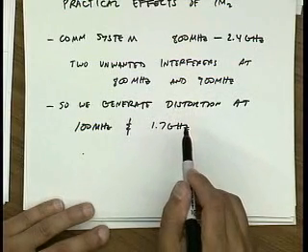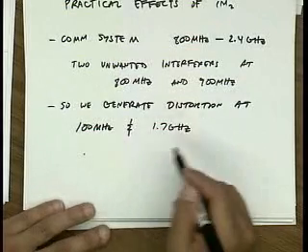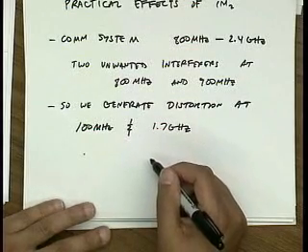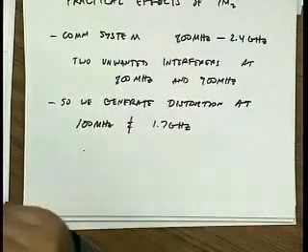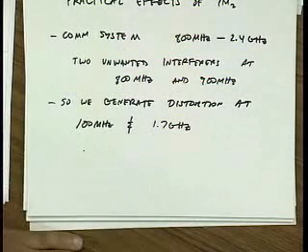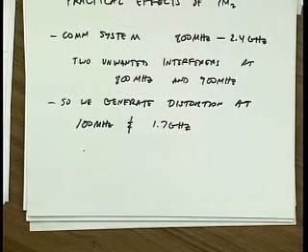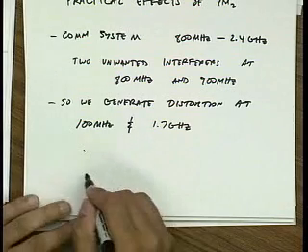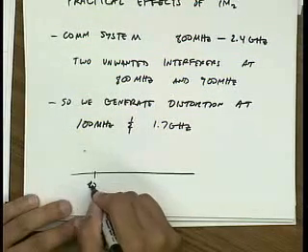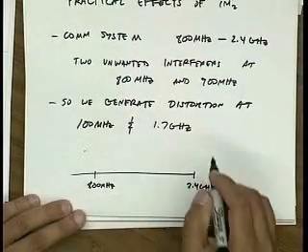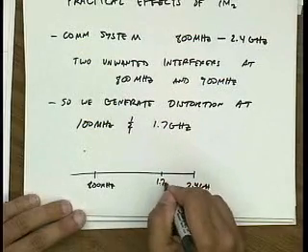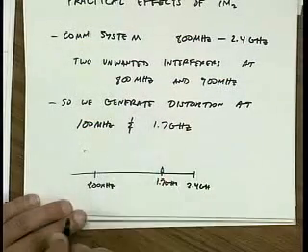Okay? Now you might say, well, these distortion terms are always really small, right? That's the whole assumption for weak nonlinear analysis. So what's the problem? Well, the problem is that if you think all the way back to lecture 1, we talked about the fundamental issue with wireless communication is the dynamic range of signals varies greatly. So sometimes your signal is strong, sometimes it's weak. So let's say you're in a situation where we draw a band where your signal at 1.7 gigahertz, is say here, is very weak.